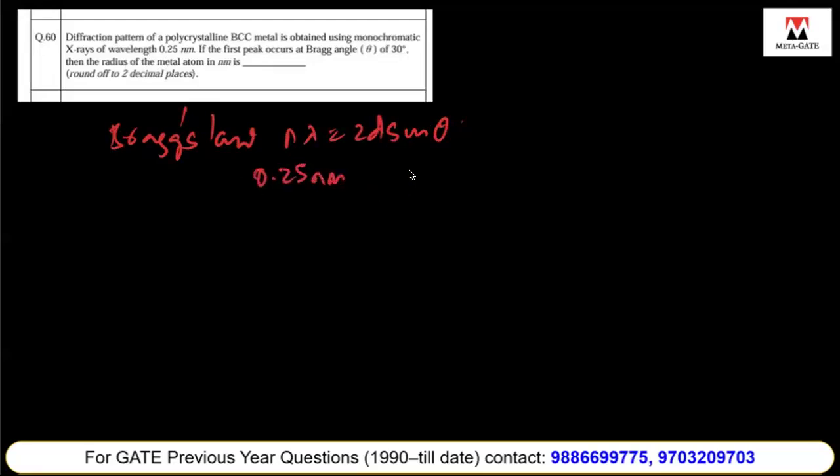Okay, we know Bragg's law: n lambda equals 2d sine theta. Lambda is given as 0.25 nanometers, theta is equal to 30 degrees. The radius of the metal in nanometers is being asked.